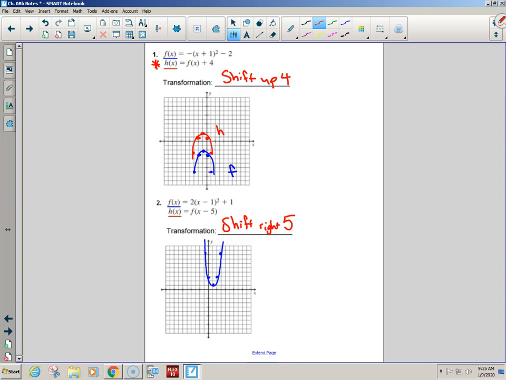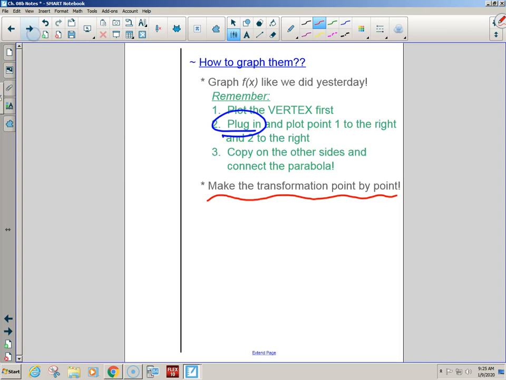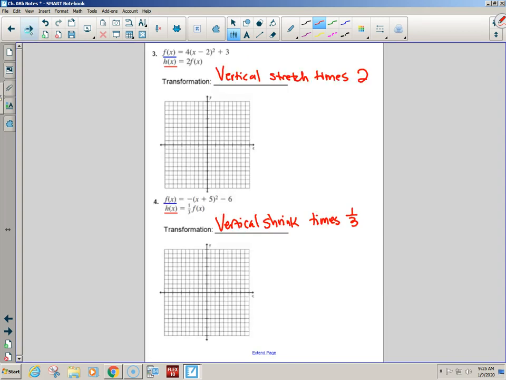So how did you shift this bottom guy? Number 2. How did you shift him right? Every point, right? So check it. If I go back to my steps, which are right, I believe, here.